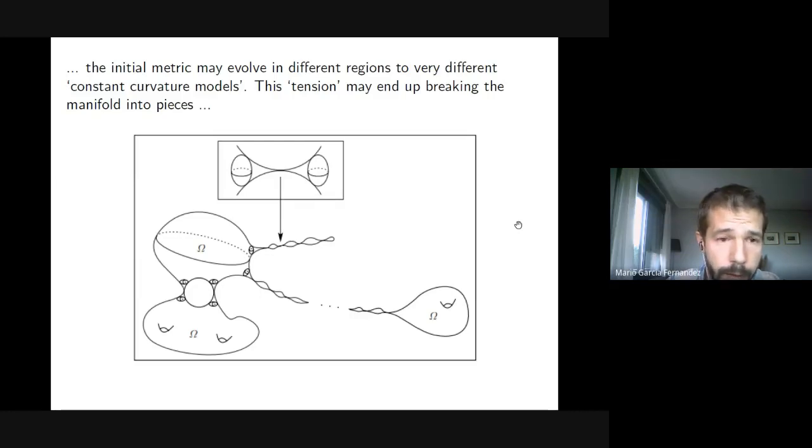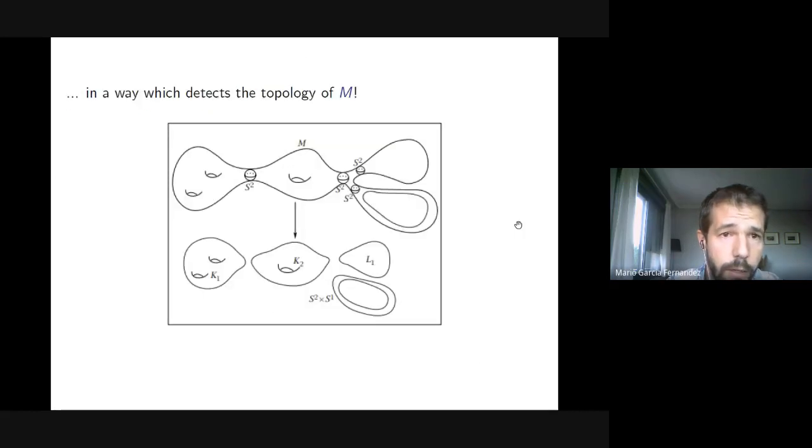If you are lucky, and with Ricci flow on 3-manifolds you are, then this device is going to detect the topology of the manifold. This is a picture of a sphere decomposition of a 3-manifold in the work by Hamilton and Perelman.